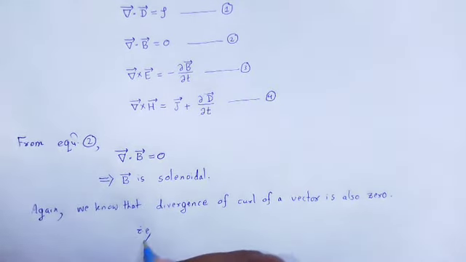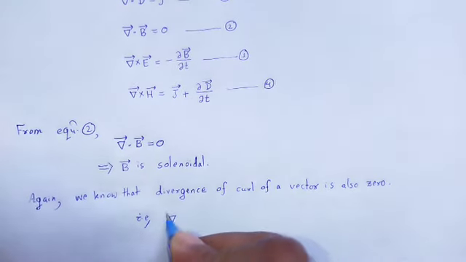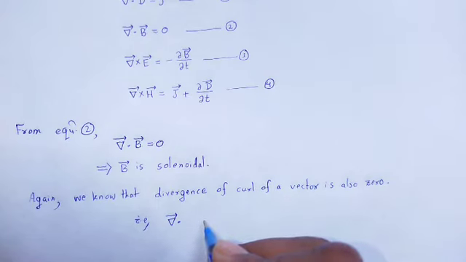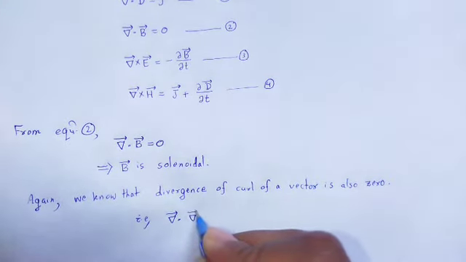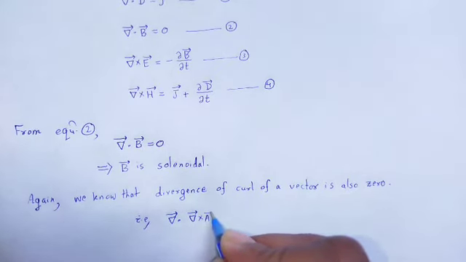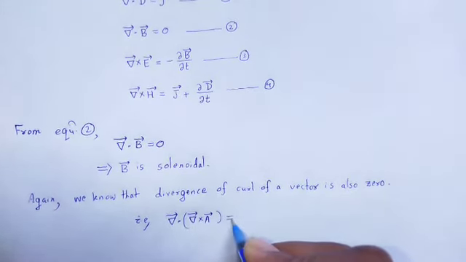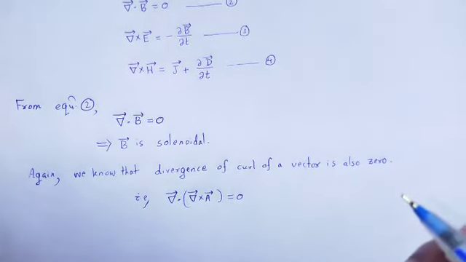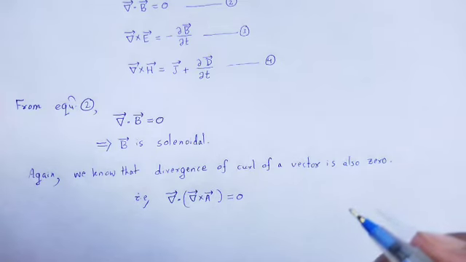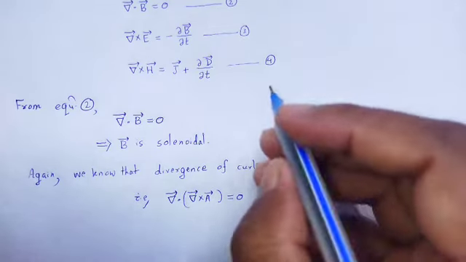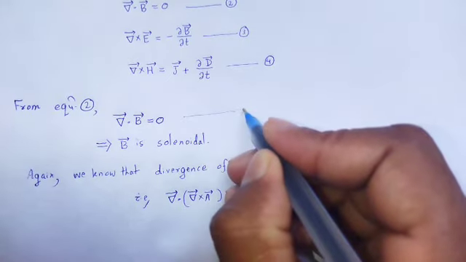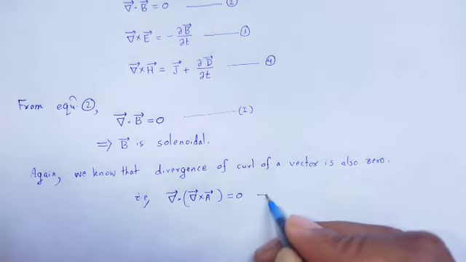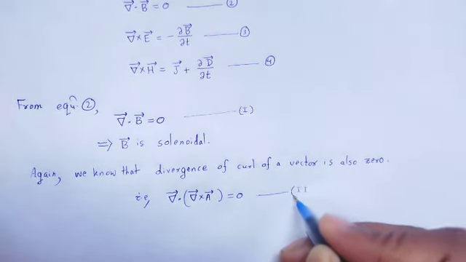That is, grad dot curl of a vector, grad dot (grad cross A), is equal to 0. Let that one be equation number I, and this one be equation number II.